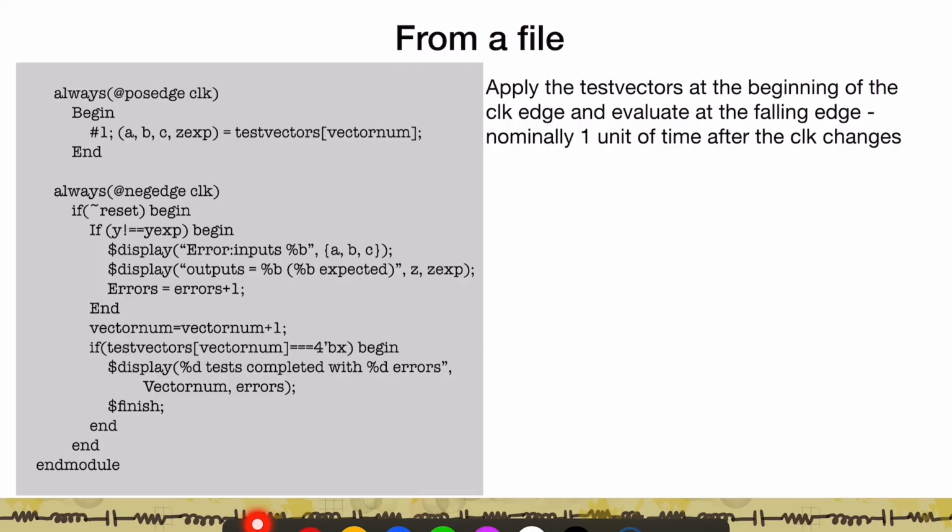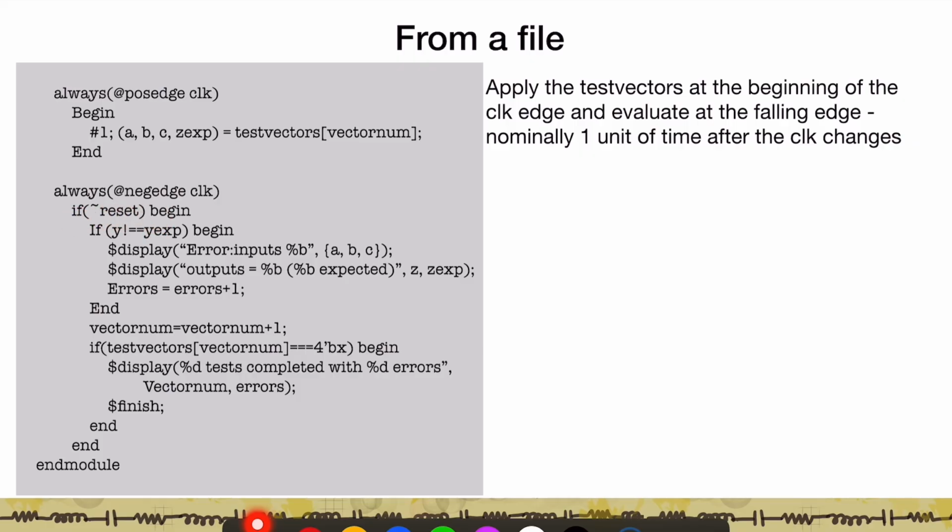And I'm saying that A, B, C, Z expected is read off this test vectors file. So this test vectors column contains all the test vectors that you've read from your file. And one by one, you're going to pass through them and select them one by one. The first thing is you load up the first vector into A, B, C and expected value of Z. And now at the negative edge of the clock, you check if reset is on or off.